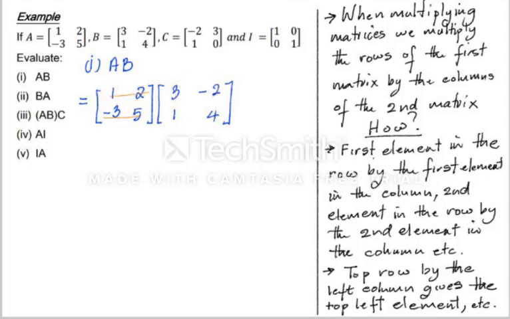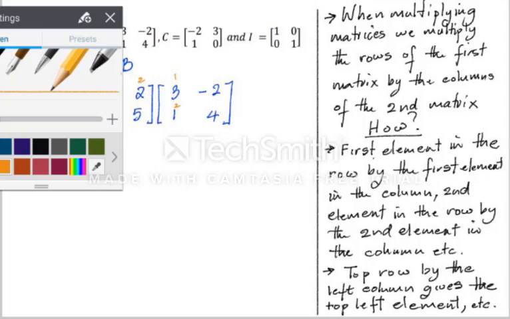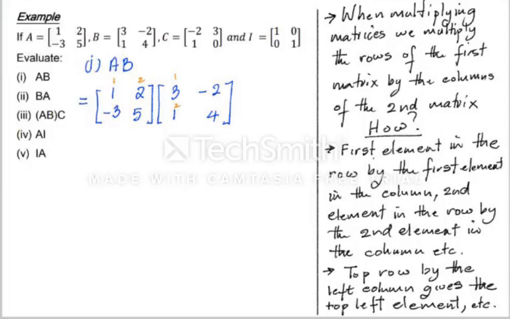Let's remove some of these lines so that we can actually do this question. This is the first row, first element, second element, and in the column, first element, second element. Let's multiply the first element in the row by the first element in the column.